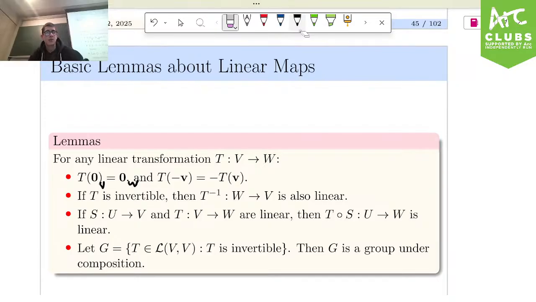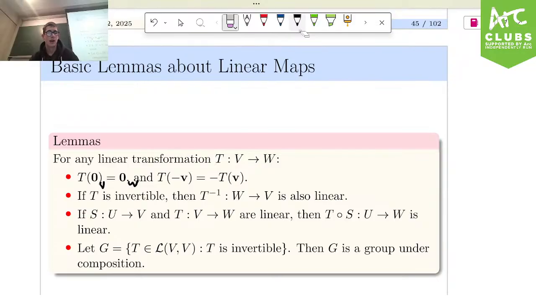If our linear transformation is invertible, then we're saying that its inverse is also invertible, because it's kind of like that same type of idea, how our group isomorphism, its inverse is also an isomorphism. In terms of composition, then we're saying that's also a linear transformation, because kind of that transitivity type idea similar to that.